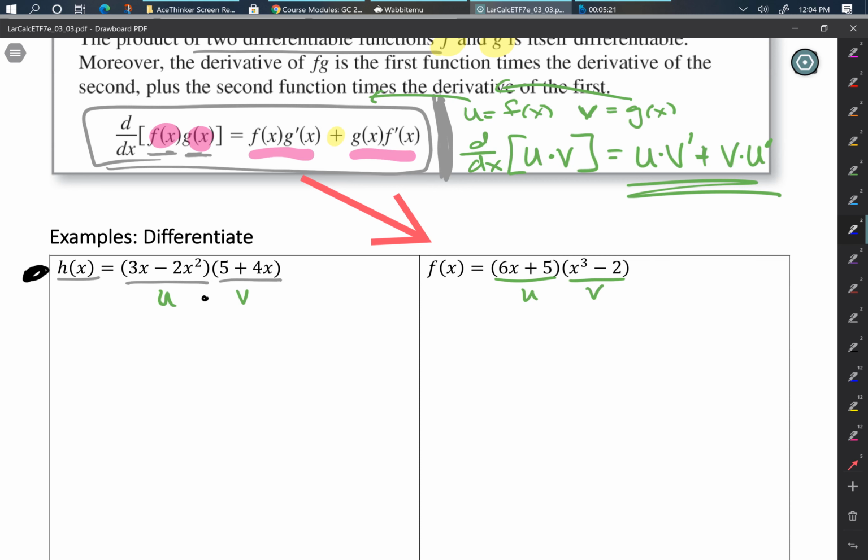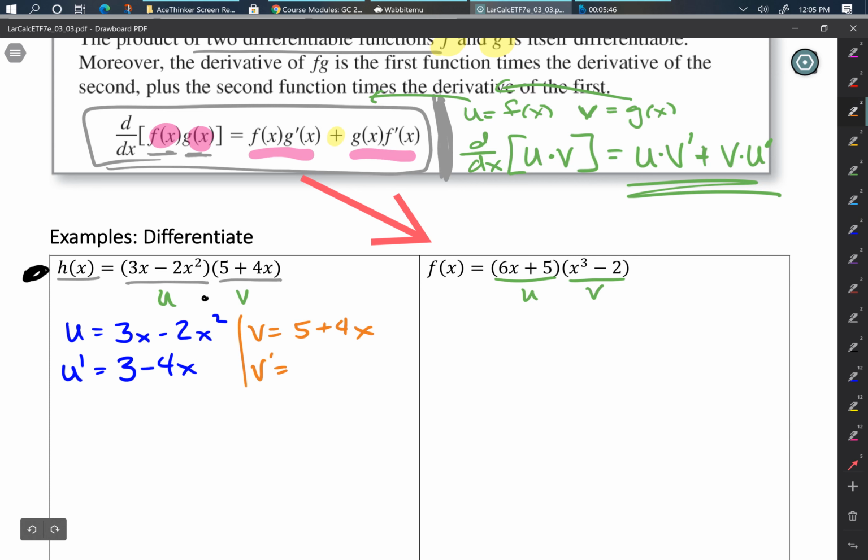Now, the first few times I use the product rule, I'm going to go step by step. So if u is equal to 3x minus 2x squared, then u prime, the derivative, is going to be 3 minus 4x. Okay? And if v is equal to 5 plus 4x, then v prime is just going to be 4.